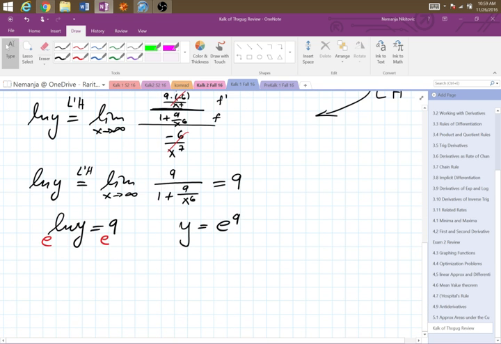So the limit we were looking for, which is x to infinity 1 plus 9 over x to the 6 to the x to the 6, is equal to e to the 9. That's the answer.